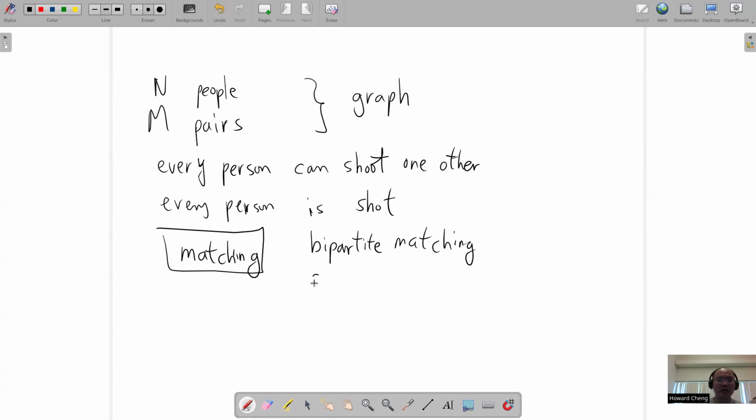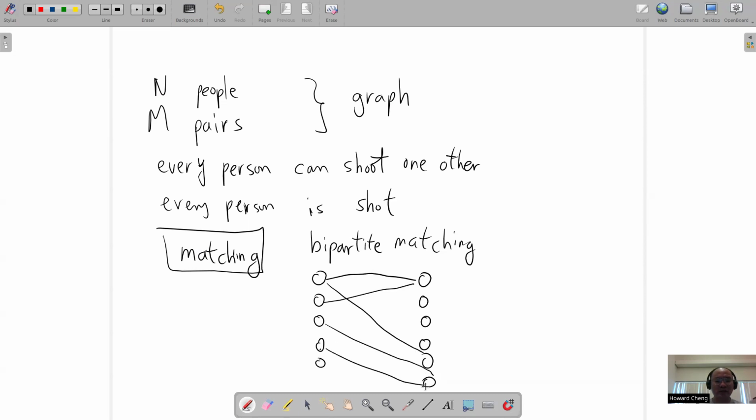Bipartite matching says that you have a graph with a bunch of nodes on two sides, left and right. They don't even have to have the same number. And you have some edges, and these edges can only go across from left to right. And you want to choose some subset of edges, so maybe this one, and this one, and maybe this one, and this one, and maybe this one.